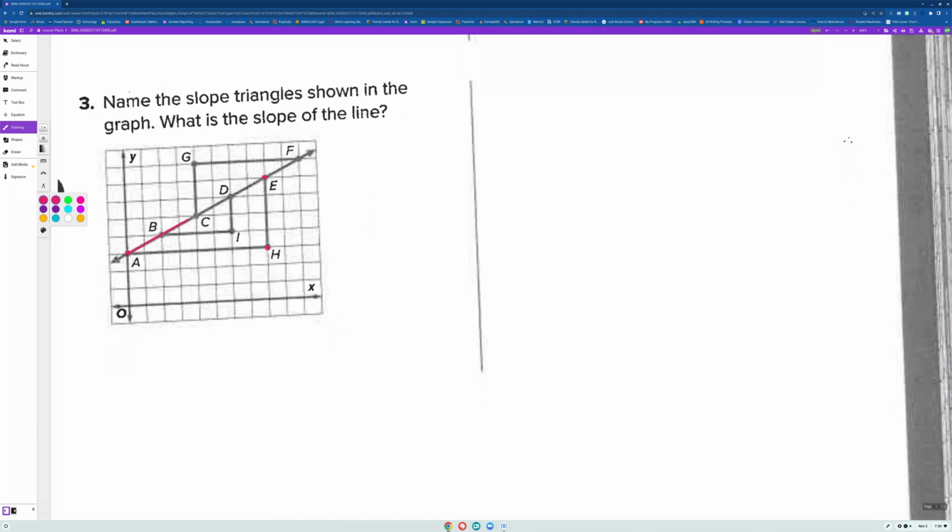I see A, E, H. So my first triangle is A, E, and H. But then I also see that I have a B, I, and D. So triangle B, I, D. And then I also see, let's do a green, that I have C, G, F as a triangle as well.